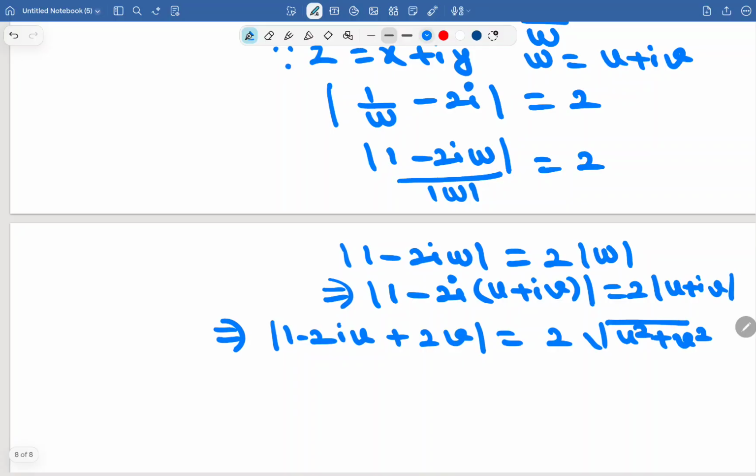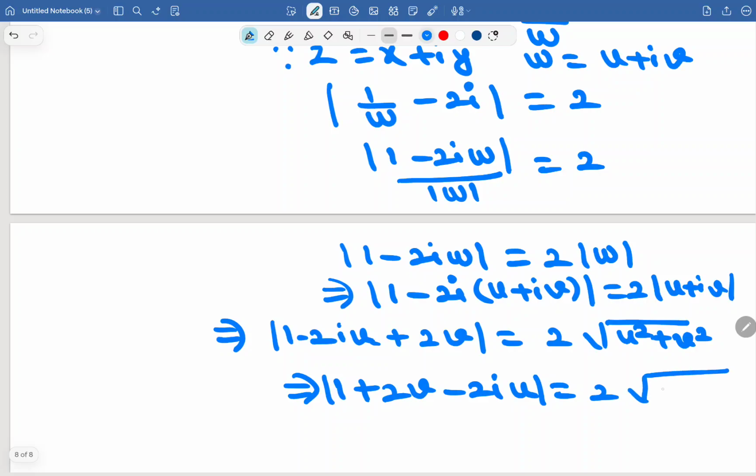Since modulus of u plus iv is root of u square plus v square, here 1 plus 2v minus 2iu under the modulus is equal to 2 times root of u square plus v square.